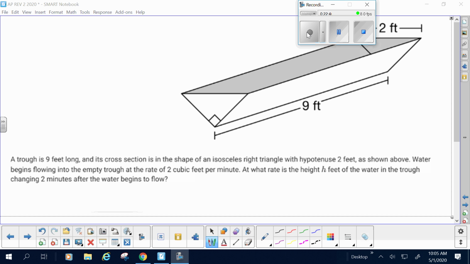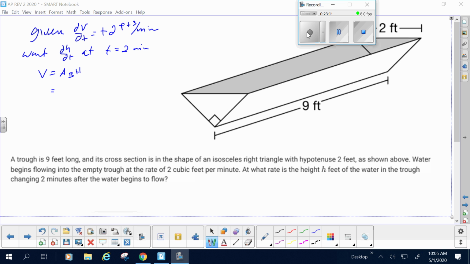All right, so you are given that the volume is coming in at 2 cubic feet per minute, and you want change in height at time equal 2 minutes. All right. So first I get an equation. Volume is area of the base times the height. Area of the base, you could go a couple different ways. But I want the height in there.